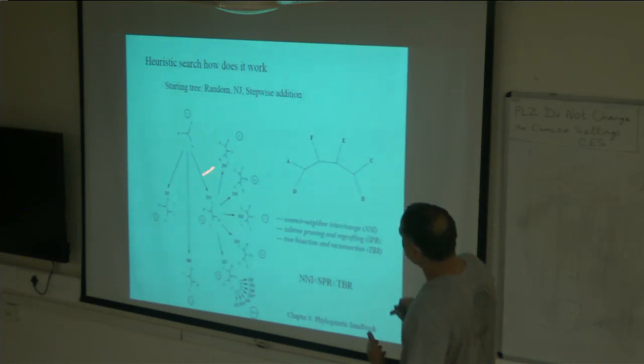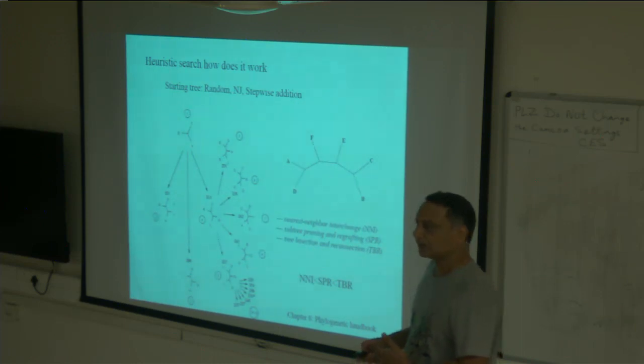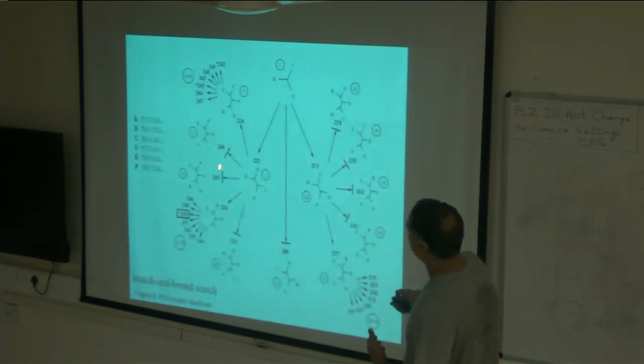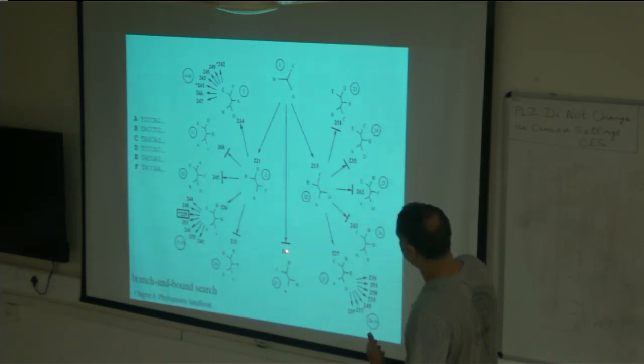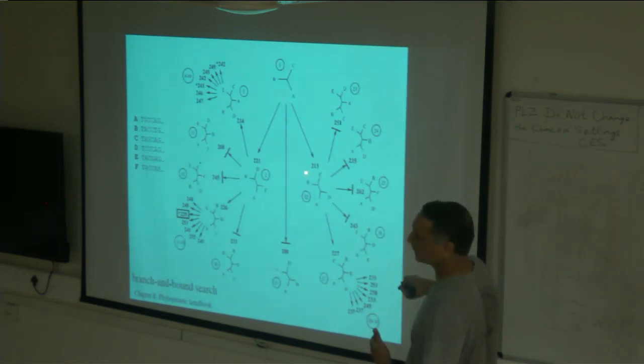So the stepwise addition is somewhat similar to branch and bound. So it would basically, after adding the fourth taxa, look at these three trees, say, okay, let's eliminate this, this has the best score, let's take this tree and add the fifth taxa onto various branches.